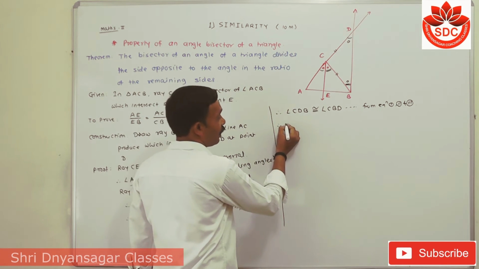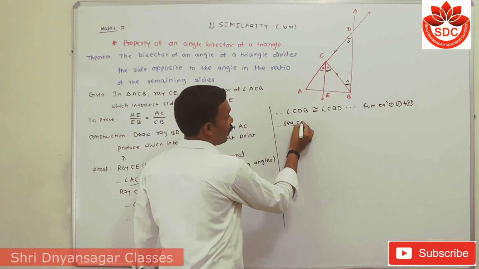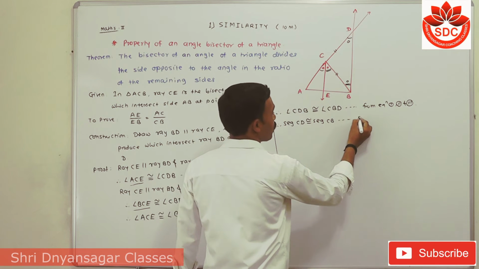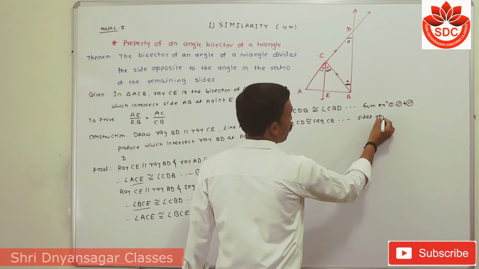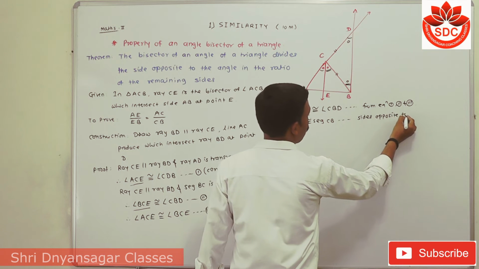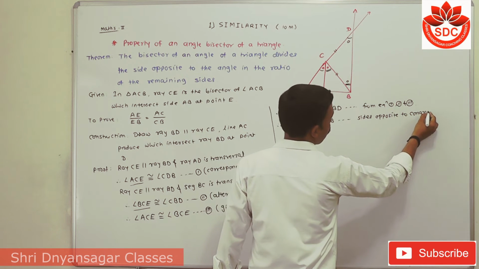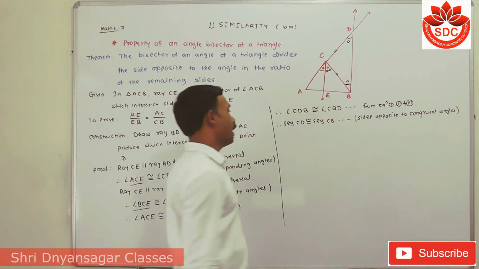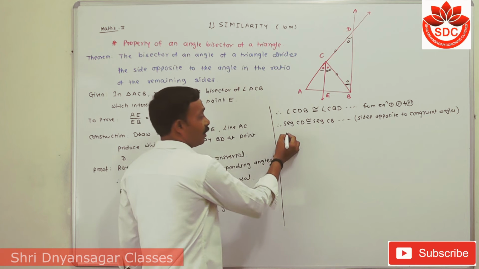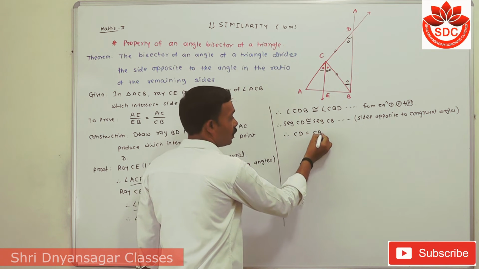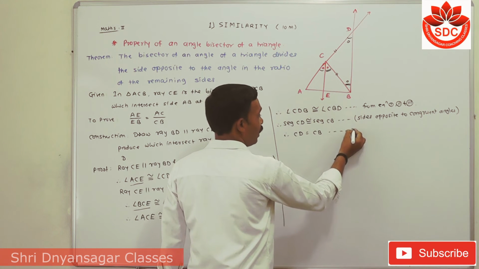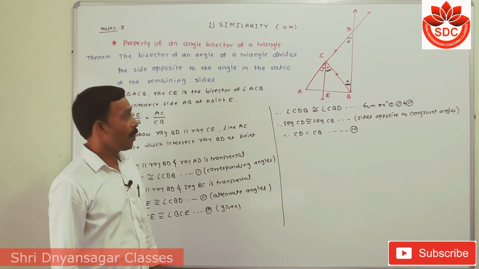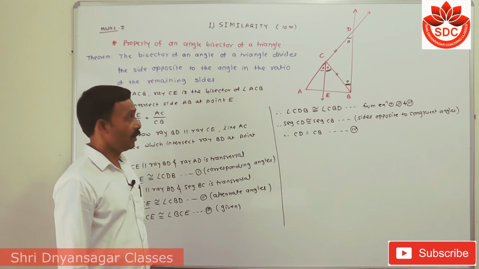So I have to write here segment CD is congruent with segment CB, because sides opposite to congruent angles. Or you can also write by using the isosceles triangle theorem. That is, CD is equal to CB. They are congruent, which means they are also equal. This is equation number, suppose, 4. Now we use this to solve the next one also.